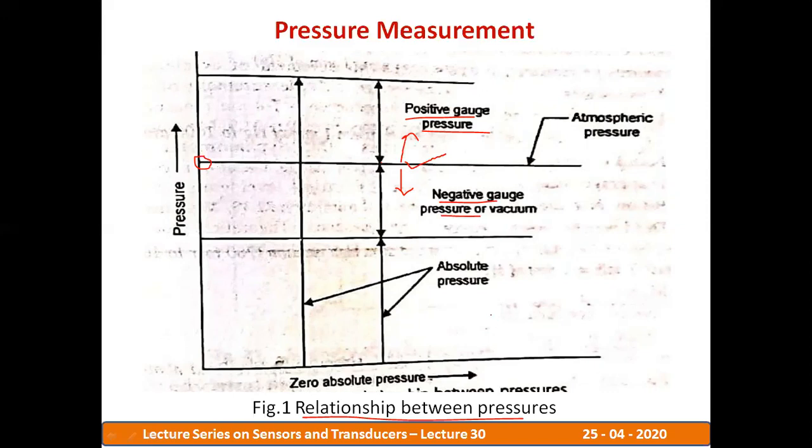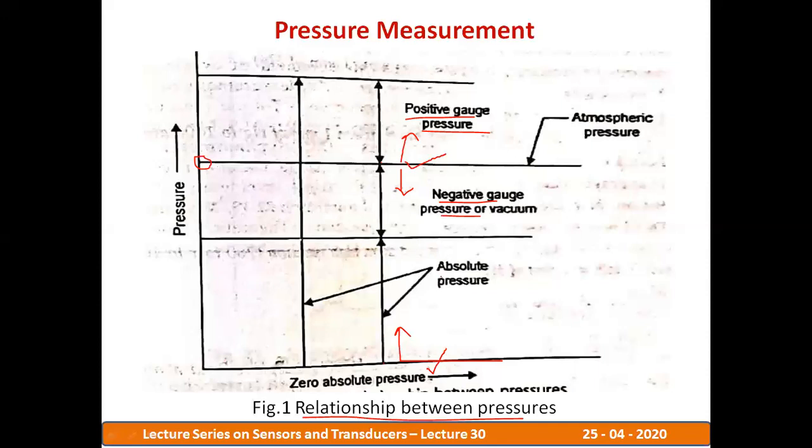Okay, and now where is the absolute zero pressure line? So that is here. The absolute zero pressure line, or pressure at the vacuum, is here. Above this line we are going to measure what?